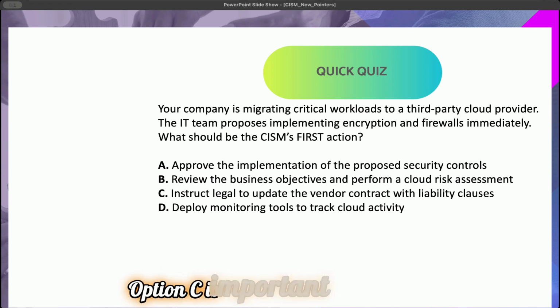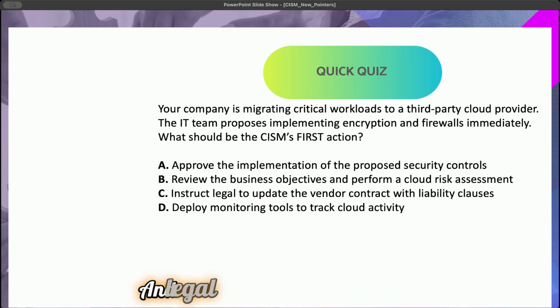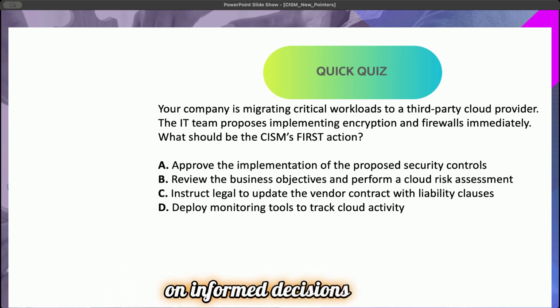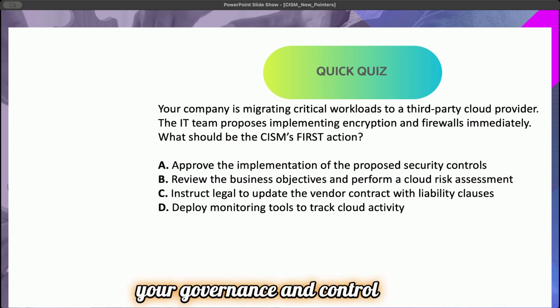Option C is important but we can't assign the liability until we have identified what the risks and responsibilities are through a risk assessment. Legal actions are based on informed decisions and not on assumptions. And option D is monitoring. Monitoring is useful, but it's a tactical step that comes after you have defined your governance and control framework based on a risk assessment.